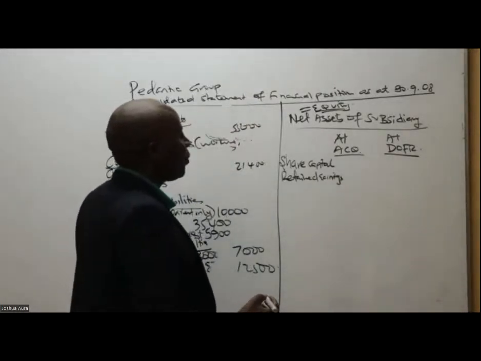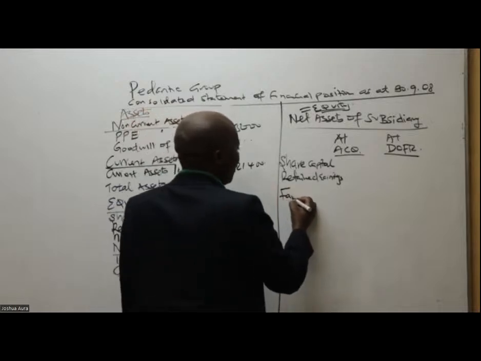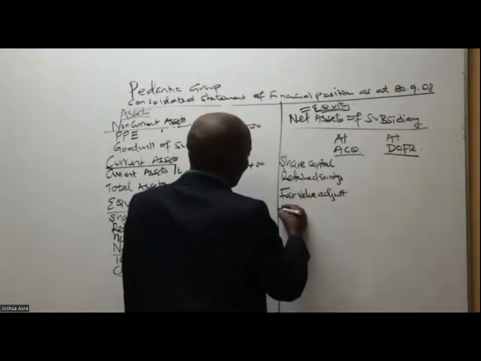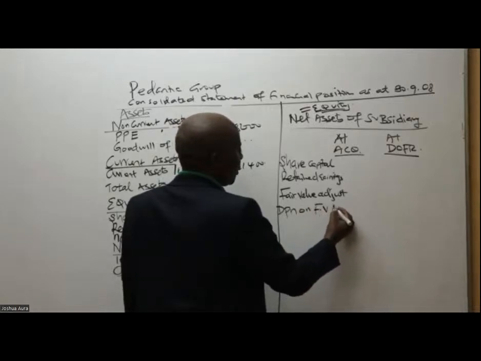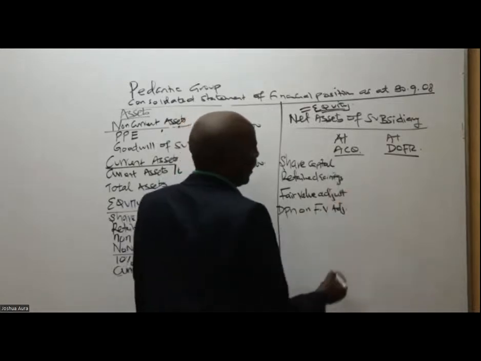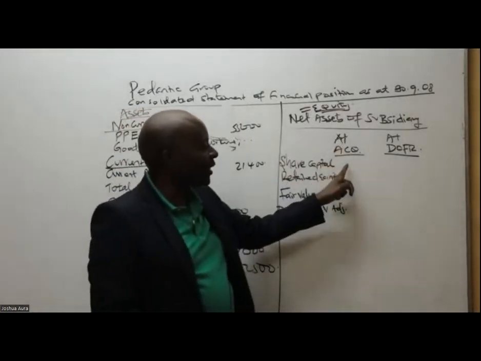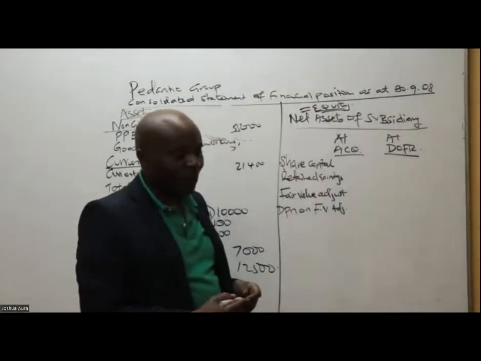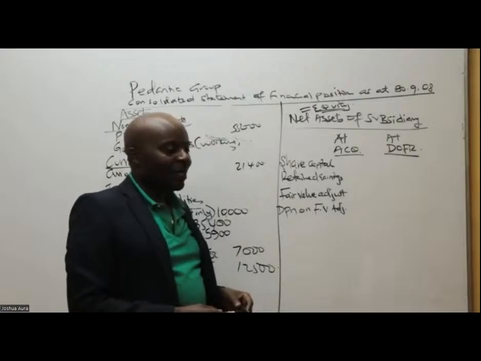Then we have fair value adjustments, and then we have the depreciation on fair value adjustment. Tell me if you have written up to here. Remember it is at acquisition and at the date of financial reporting. Please tell me if you have reached here.